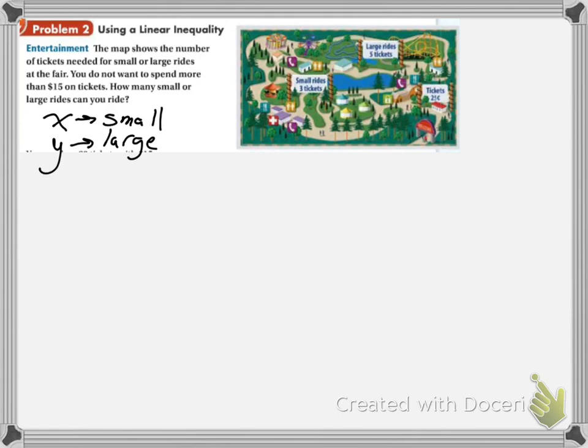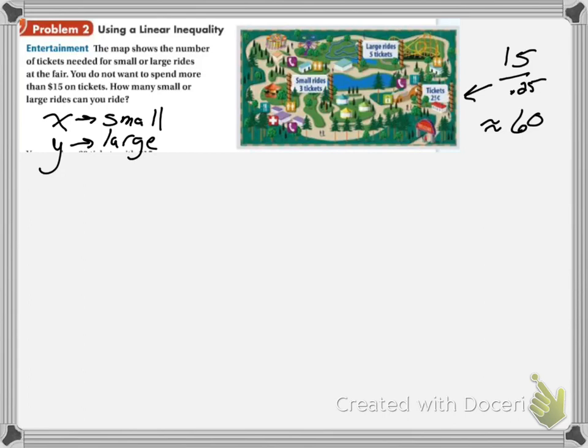First thing you have to do is figure out how many tickets you can buy for $15. If you look here, it says tickets are 25 cents. So if you have $15, how many tickets can you buy? Well, divide that by 0.25, and that gives me about 60 tickets that I can buy for $15. Now, you don't want to spend more than $15, so that means 60 tickets.